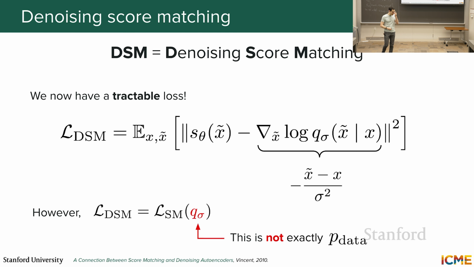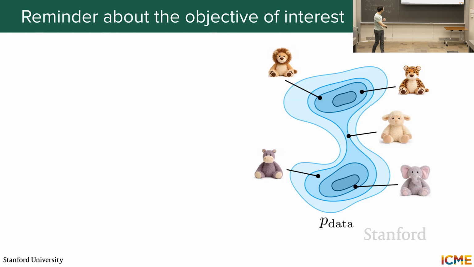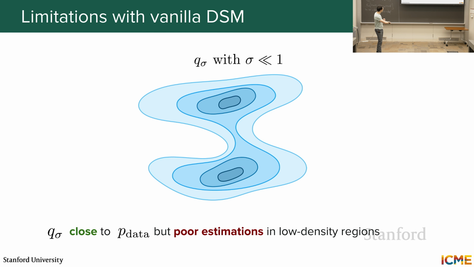So let's see what these Q sigma look like. What we want, again, is to go from a starting point towards the data distribution. But here we do not have the score of the true data distribution. So how about we take a noisy distribution that we can compute where sigma is very, very small? When sigma is very small, Q sigma is very close to the P data distribution, because we noise it just a little bit.